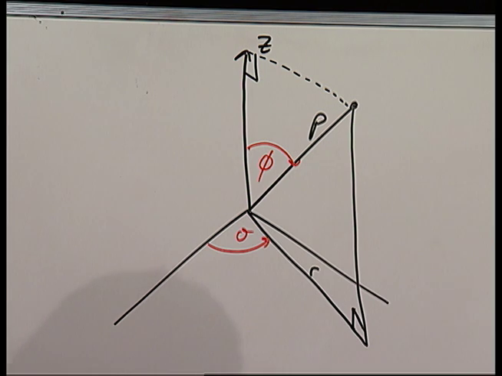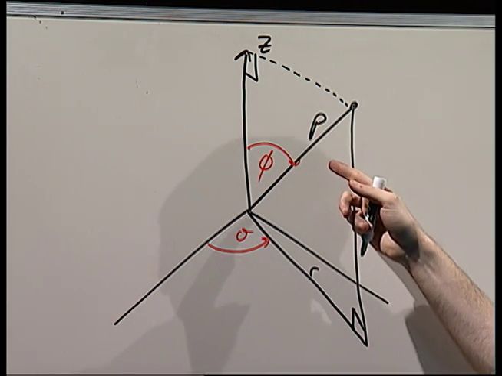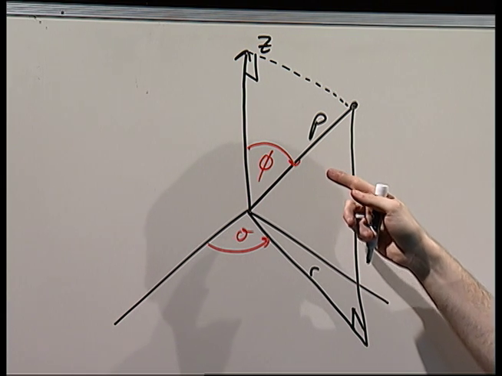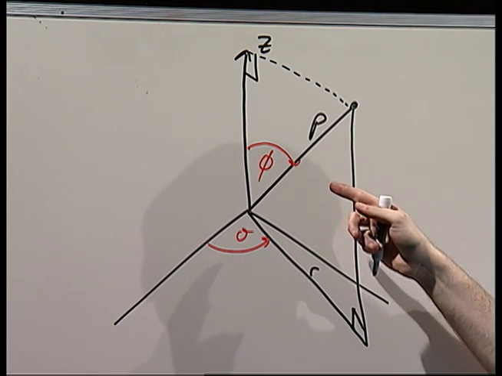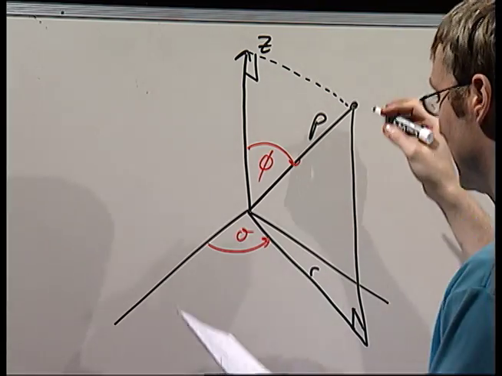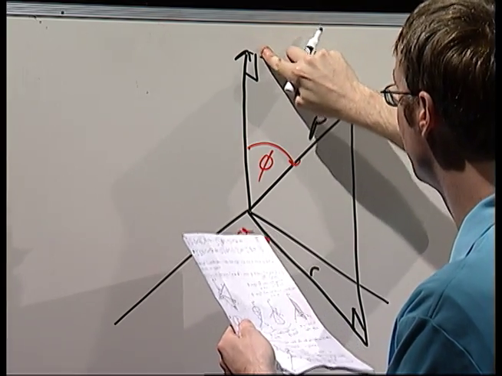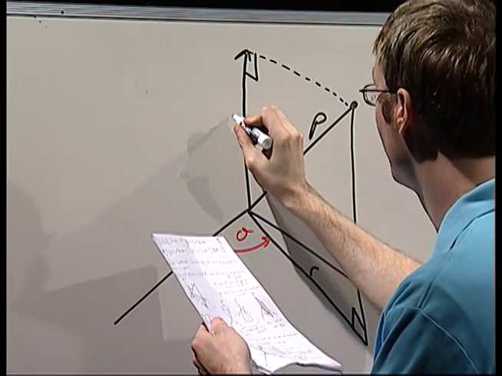We see that for this triangle here, rho is the hypotenuse, so that's cosine phi, right? Let me put the z down here so you don't get confused about what I'm talking about.